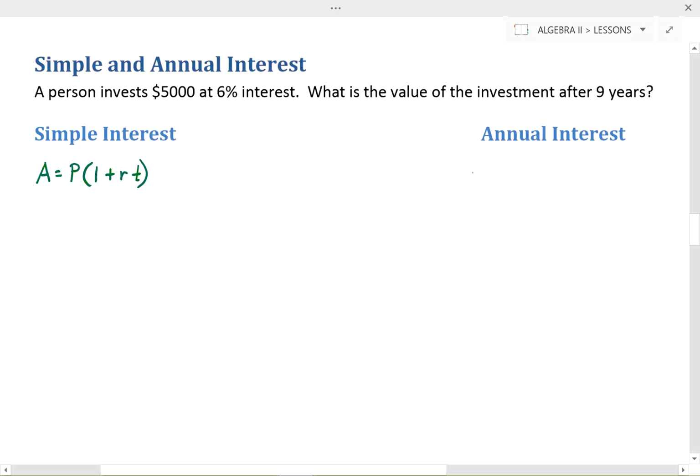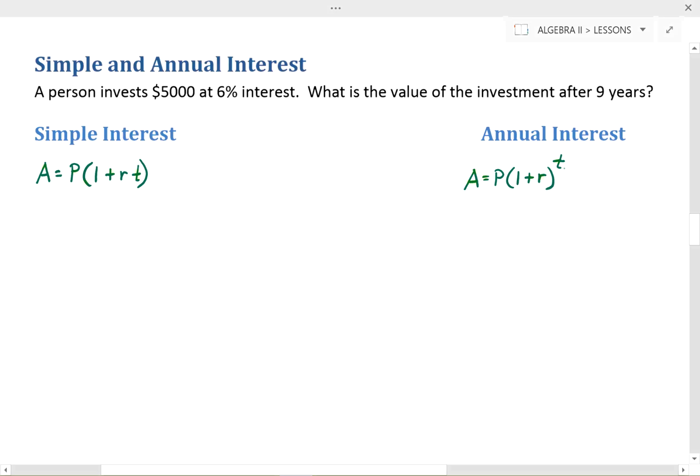And your annual interest equation is A equals P times (1 plus R) to the power of T. So the main difference between these two equations is the location of your T variable. With simple interest, T is down in the base with everything else being multiplied by R. In the annual interest, your T variable is the exponent.